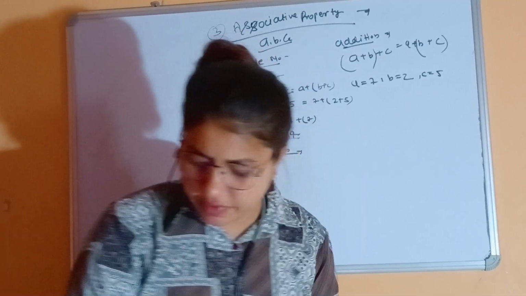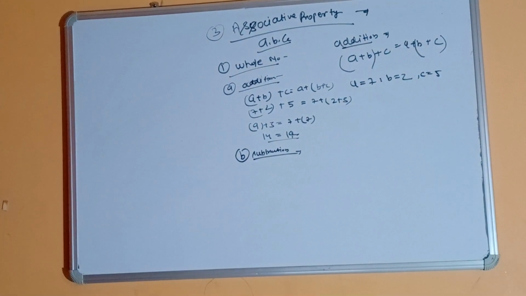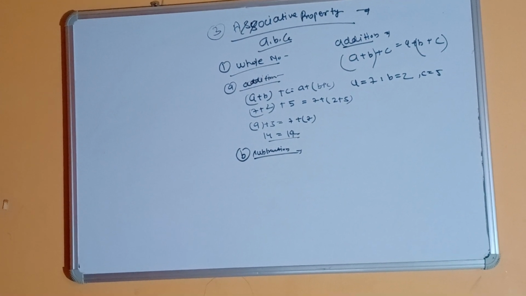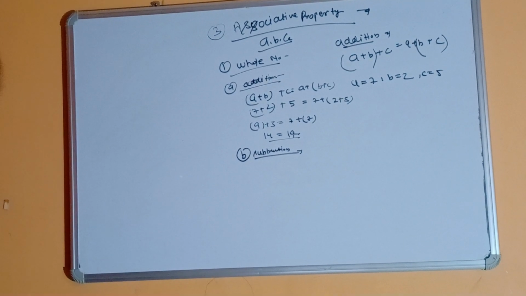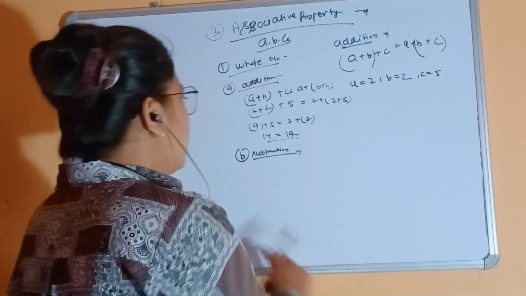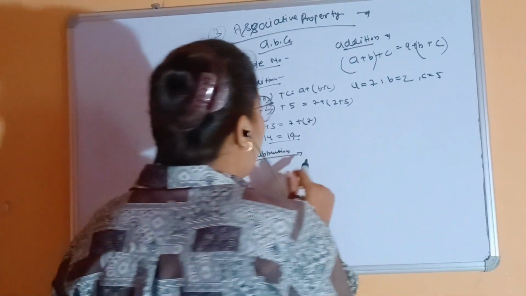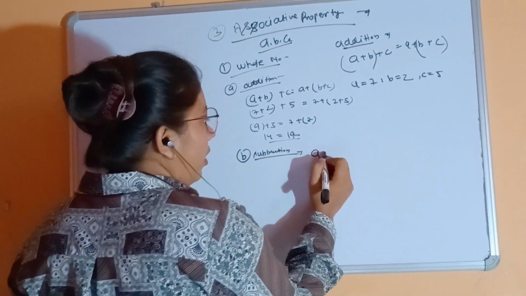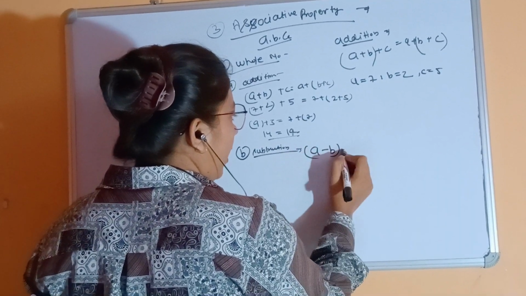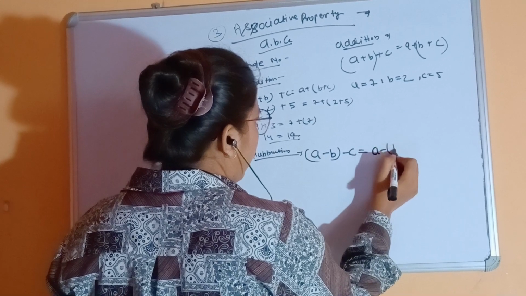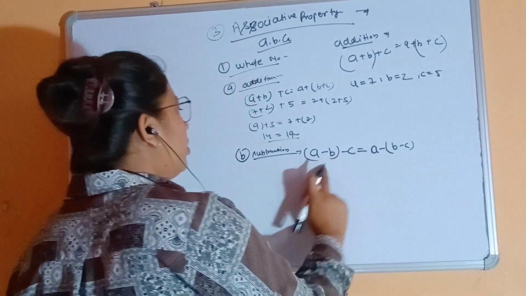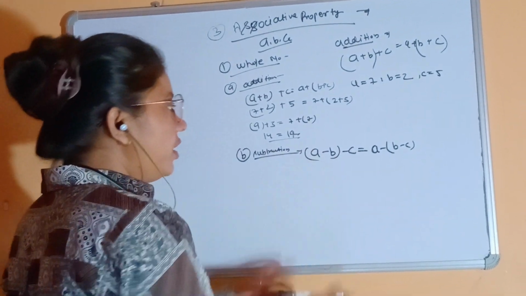Okay. So here we will understand whether subtraction follows this or not. That means A minus B minus C, and A minus bracket B minus C. You definitely learned this property.